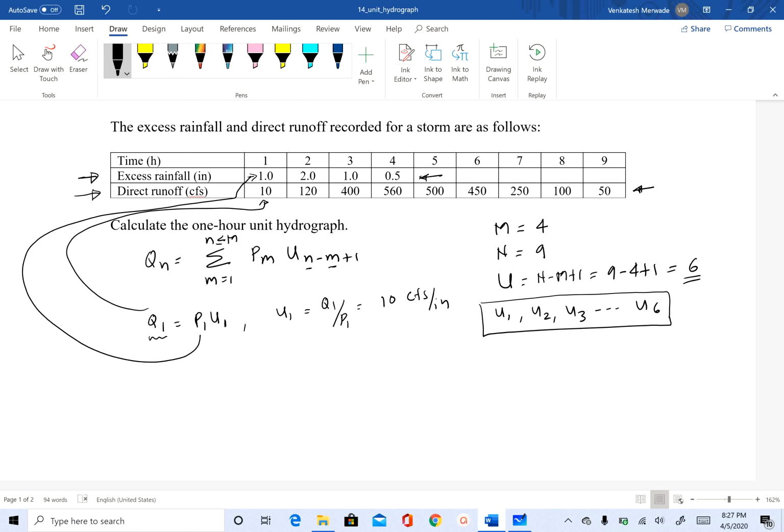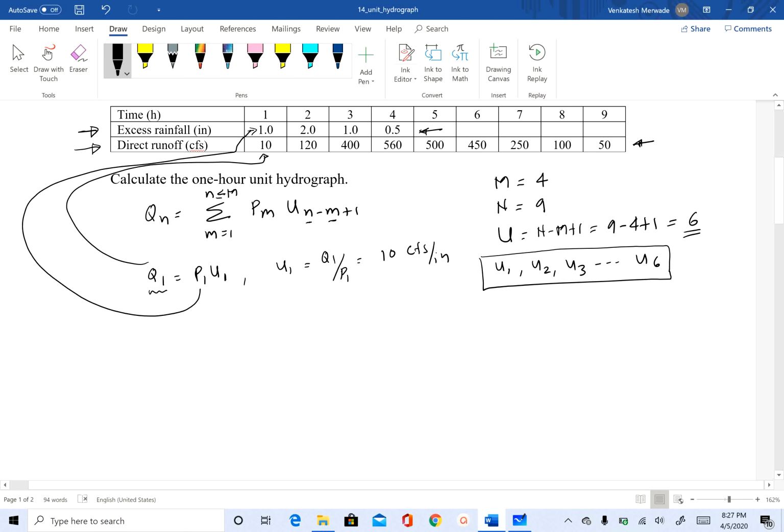Now we can write the next expression for Q2. In this case small n is equal to 2, so m goes from 1 to 2, which means this will have two terms in this expression.